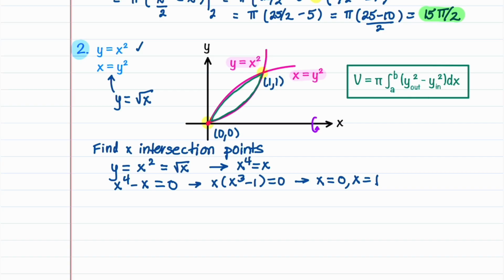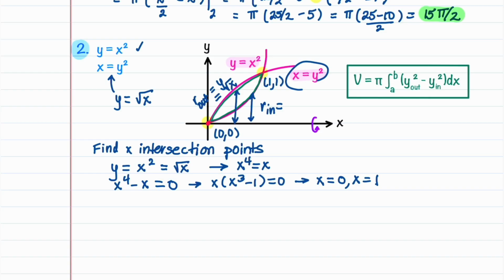We're going to have an outer radius and an inner radius. This is our outer radius, and it is equal to y, and it touches our top curve right here. So y is equal to the square root of x. And then this is our inner radius, and it touches our bottom curve.